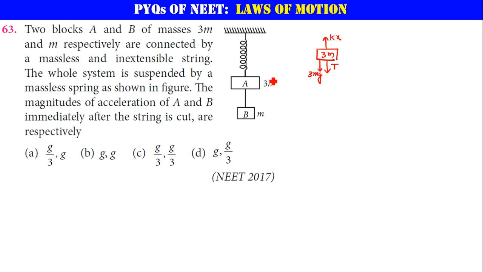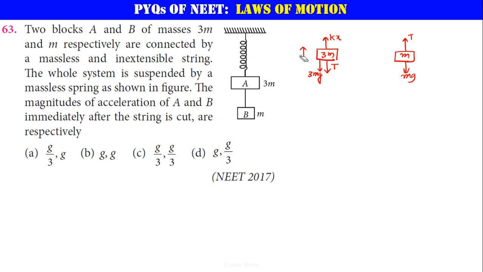No. Just keep it aside. Now what are the forces acting on block B? Its mass is m. The forces acting on it are gravitational force mg and tension T upwards. Are there any other forces acting on it? No.